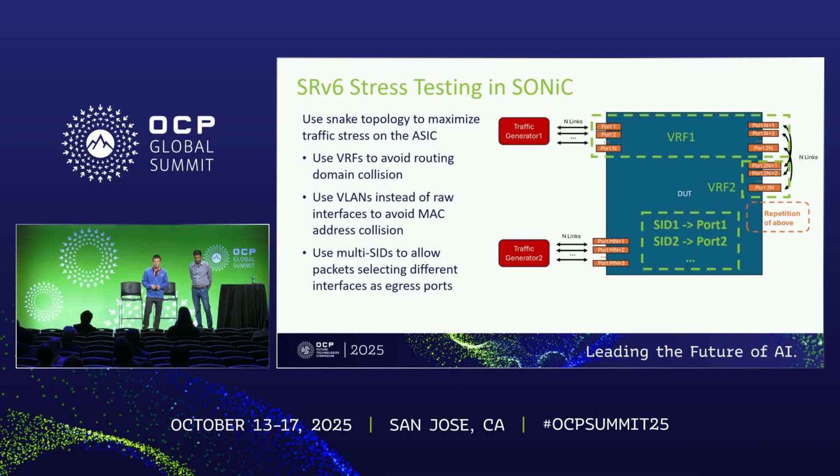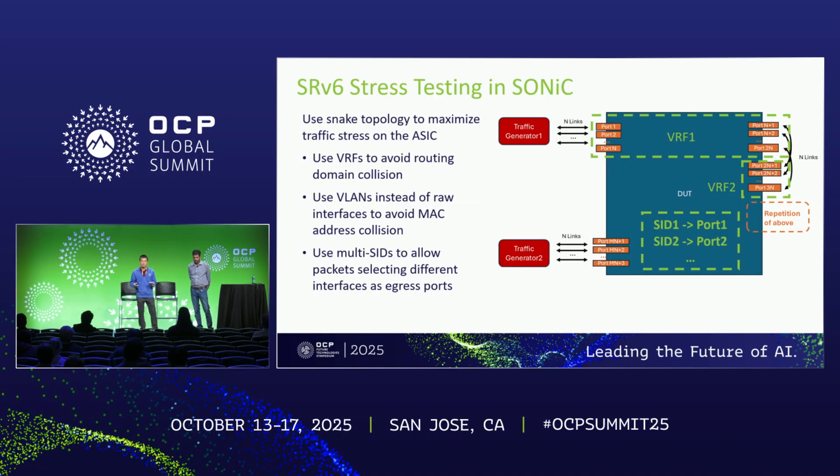Finally, we invented something very new, which is called multi-SID in the switch. Basically, we configure multiple SRv6 segment identifiers in the switch, so that when a packet traverses all those parallel links across VRFs, it can select different ports within that VRF, so that we can create parallel SRv6 paths in this single switch.